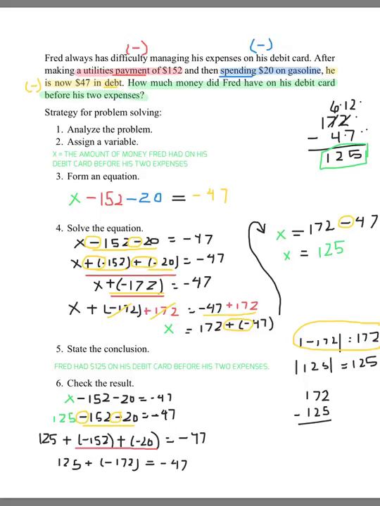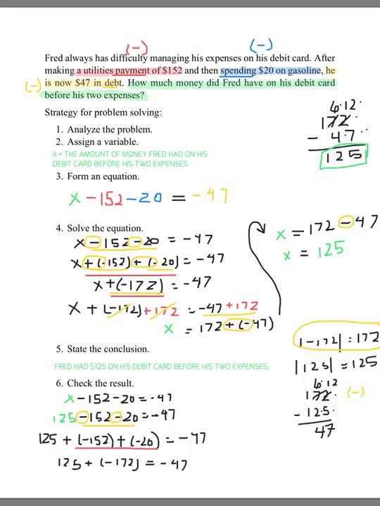So now we're going to do the 2 minus the 5. We can't do that, so we have to borrow from the 6 next door. And therefore our 2 becomes a 12. So now we're going to do 12 minus 5, which is 7. And then 6 minus 2 gives us a 4. And then 1 minus 1 gives us a 0. But now keep in mind that the 172 was originally a negative value.